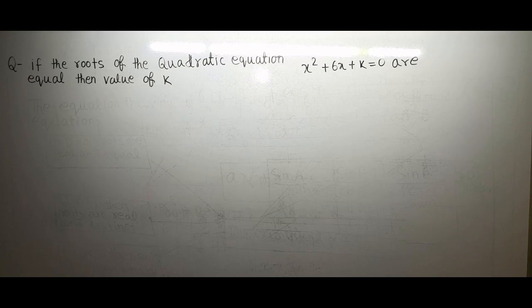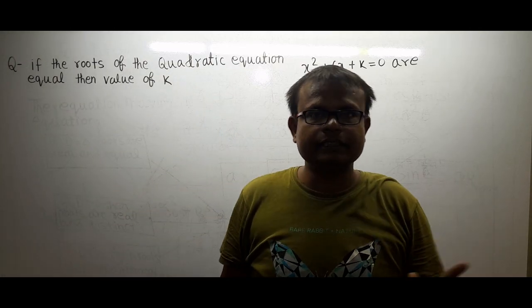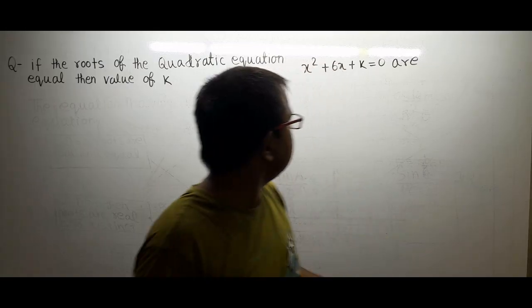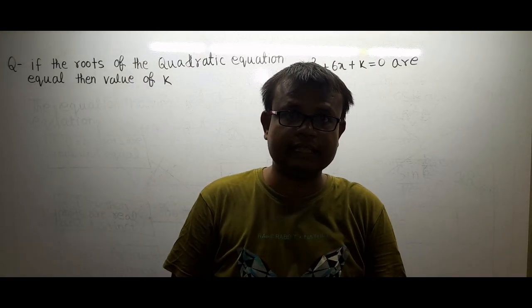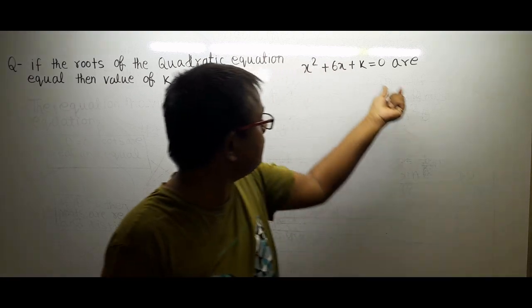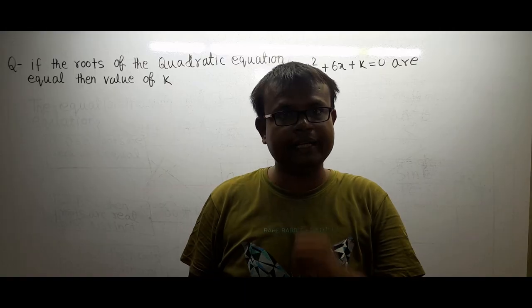Okay guys, so one question we have to solve on the basis of the nature of roots. Okay, so x square plus 6x plus k is equal to 0. This is a quadratic equation and here k is unknown and we have to find the value of k.